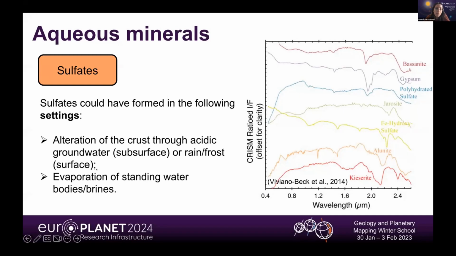Usually sulfates are formed through alteration of the crust, either at the surface or in the subsurface, through acidic groundwater or through acidic rain or frost. They also form from the evaporation of standing water bodies. So they form in environments which are not as water-rich as carbonates and phyllosilicates.